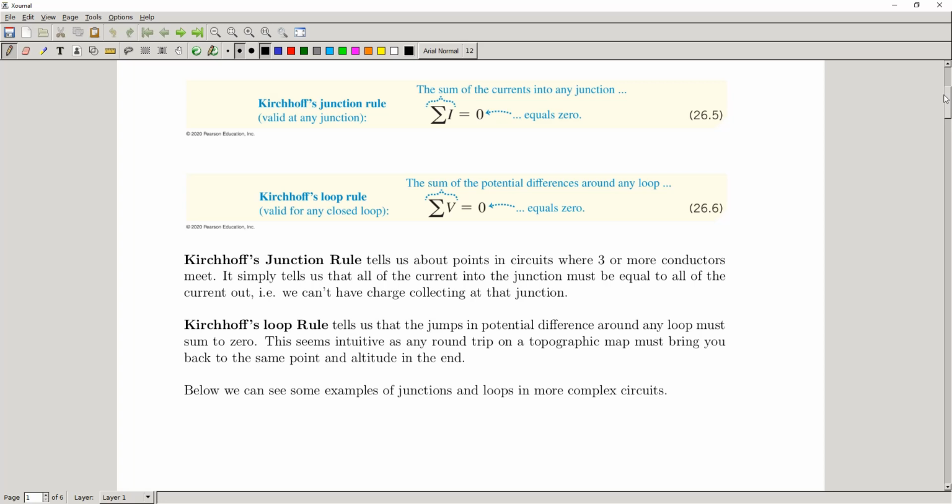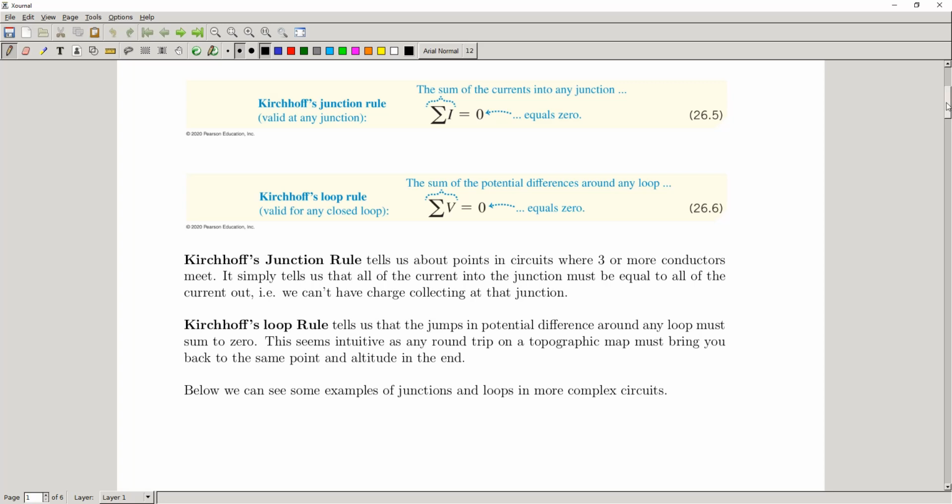We can think about this if we think back to our discussions about potential in terms of a topographic map, right? You can imagine the circuit is just a path around a topographic map, and if you follow around any closed loop and you end up back at the same point on the map, you're going to be at the same altitude, which corresponds to the same potential in our discussions about electric potential, right?